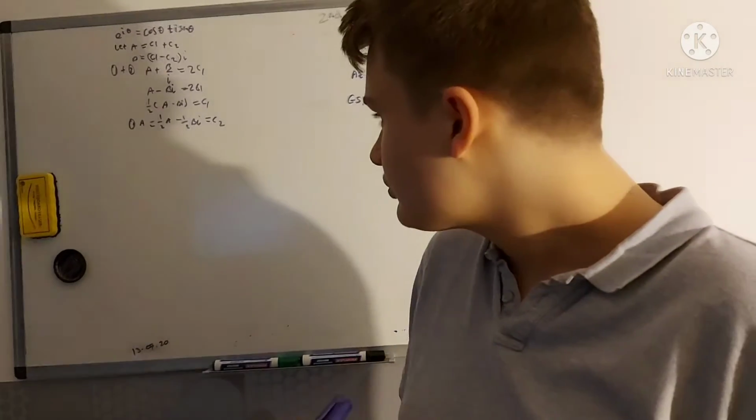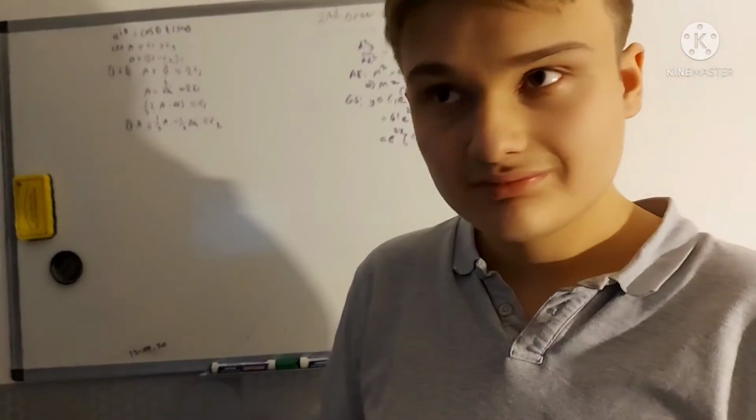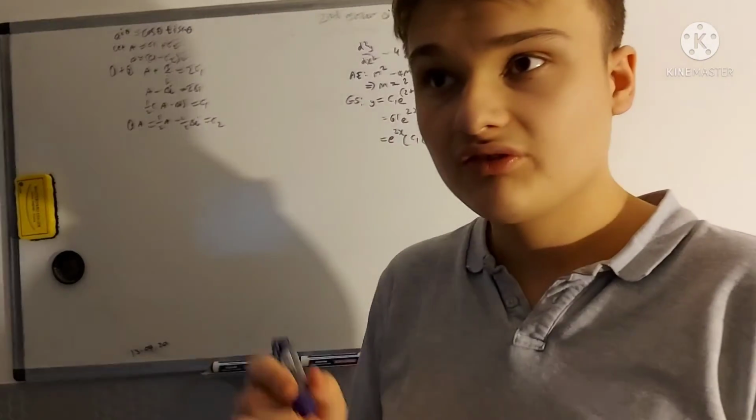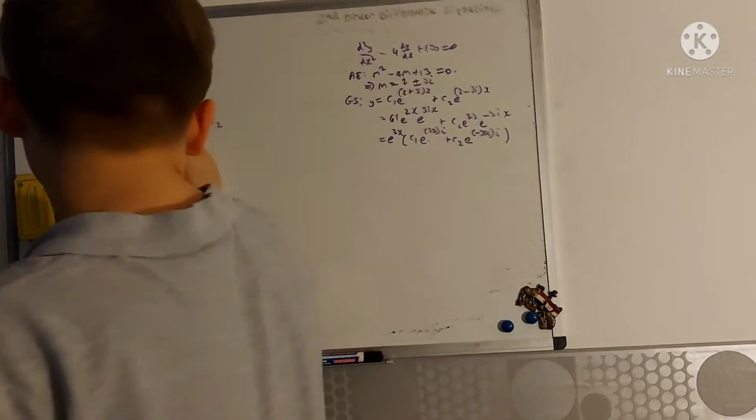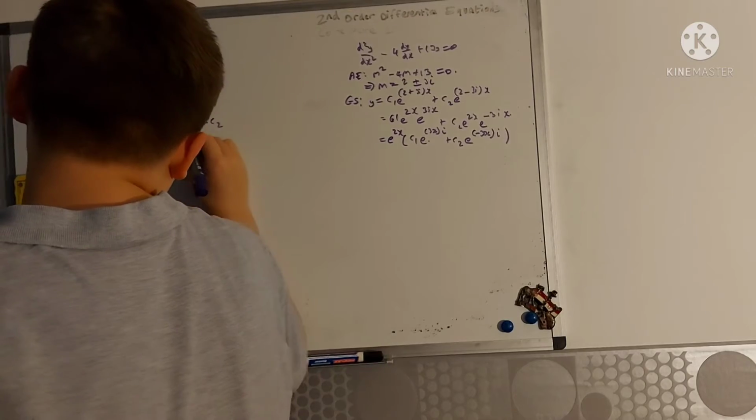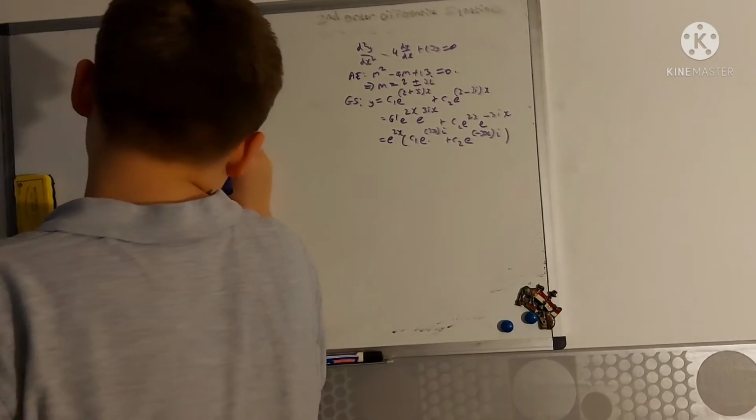So c2 is going to be 1/2 of A plus Bi. That is the equation of c2.